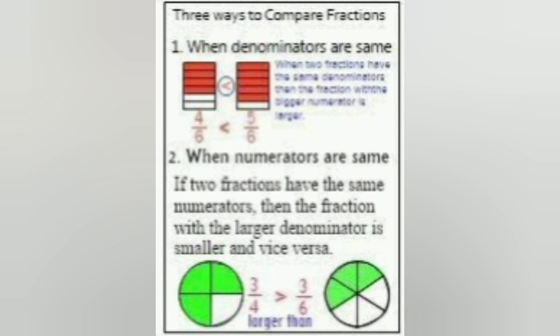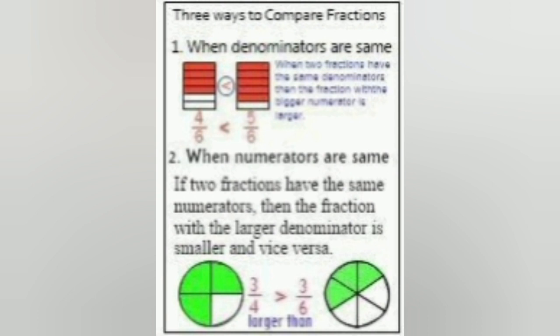The fraction with the greater numerator is greater. Then second one is change them into equivalent fractions with the same numerator and then compare the denominators. The fraction with the smaller denominator is greater.